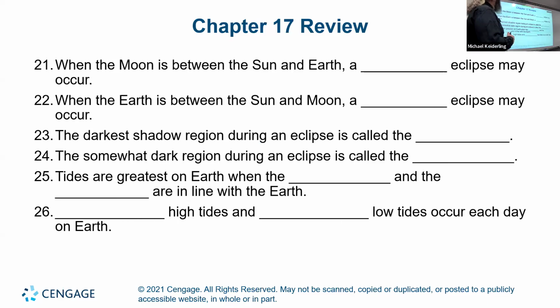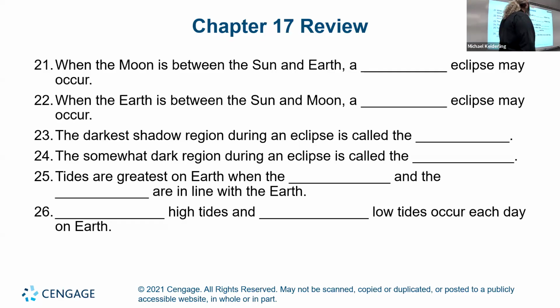When the moon is between the sun and the Earth, a solar eclipse may occur. When the Earth is between the sun and the moon, a lunar eclipse may occur. The darkest shadow region during an eclipse is called the umbra. The somewhat dark region during an eclipse is called the penumbra.